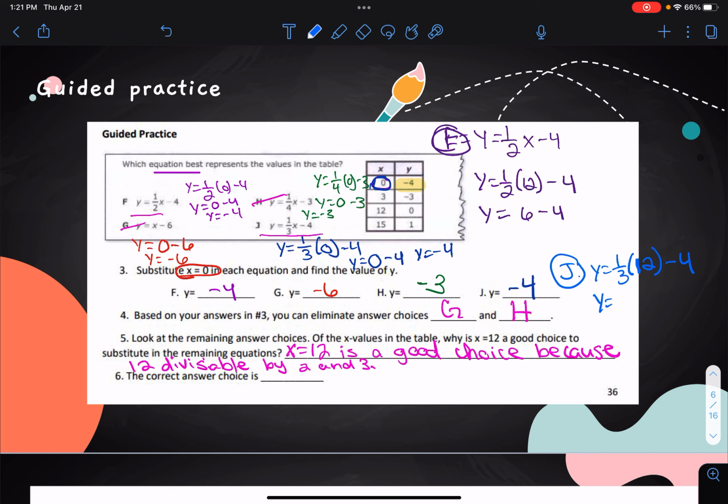Remember, multiplying by 1/3 is the same thing as dividing by 3. So 12 divided by 3, 4 is correct. So you have 4 minus 4. So which of those two gives you an answer of 0? The one that gives you the answer of 0 is your correct answer choice. I'm not going to solve it. You should be able to finish that last step for each answer choice to determine your answer. It's fairly easy, okay?